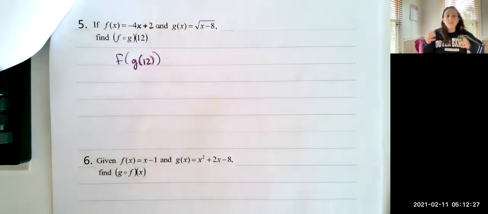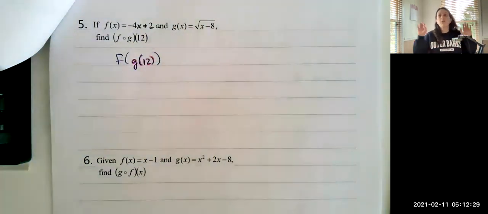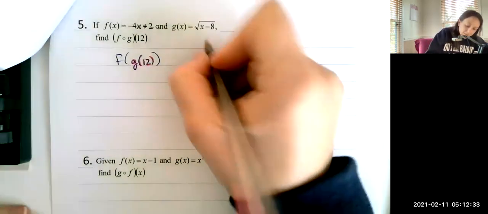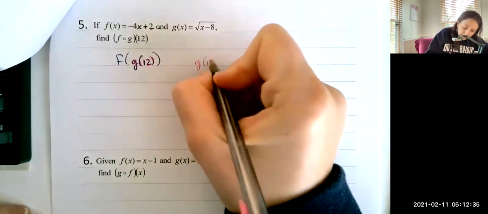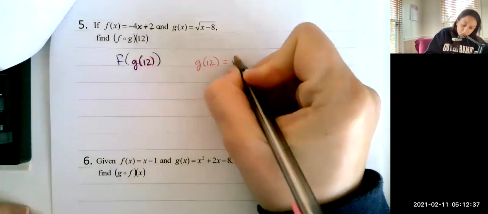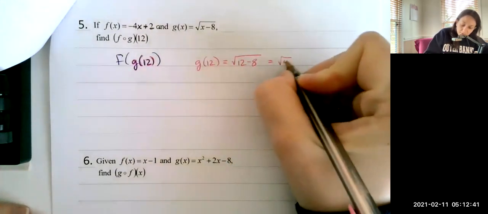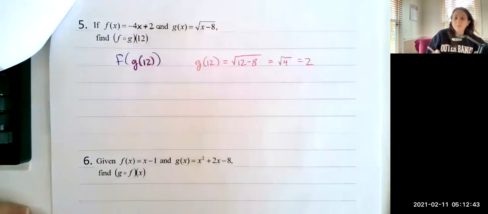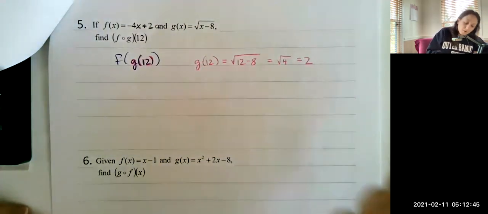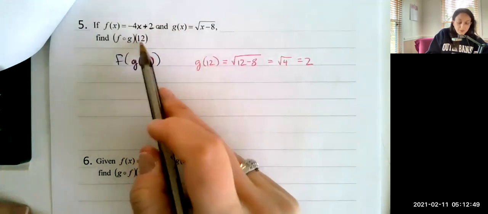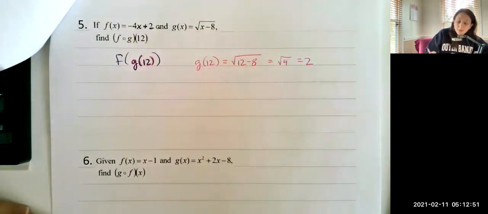That's just a number. Since it's just a number, I can plug it in. Easy peasy. So I'm going to take g and plug 12 into it. Square root of 12 minus 8. That is the square root of 4, and that is 2. So because I was able to take this inside piece, g of 12 is 2.